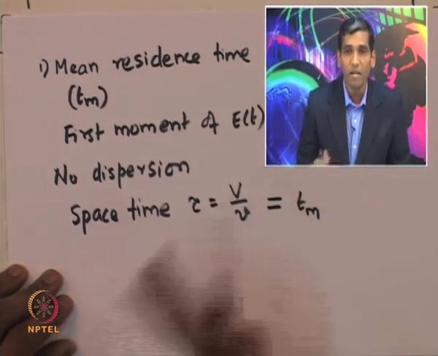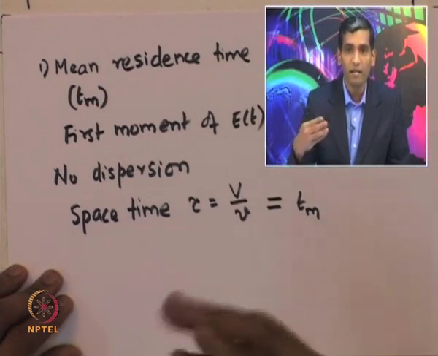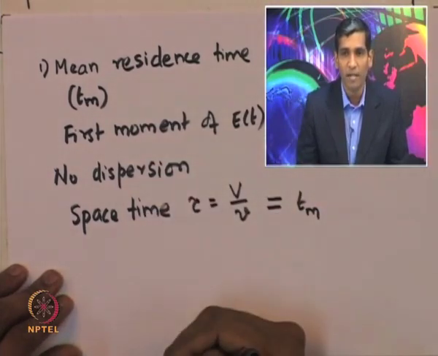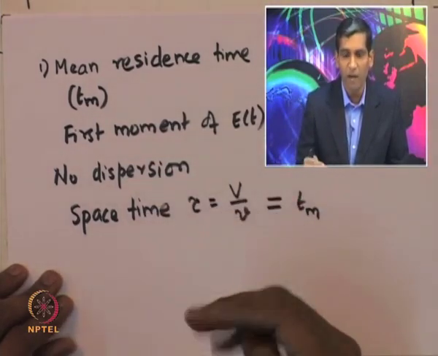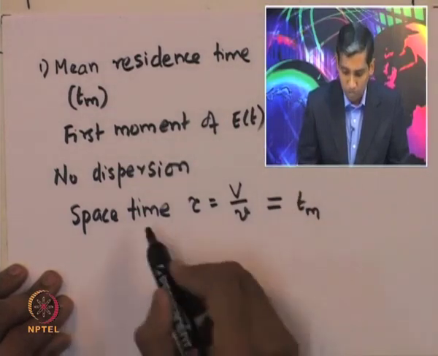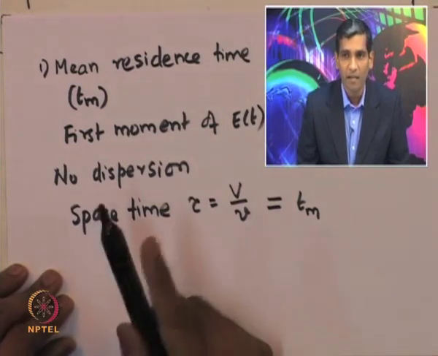This is independent of any RTD function representing the non-ideal behavior of the reactor under no dispersion conditions. Irrespective of the RTD function, the mean residence time that we obtain would be exactly equal to the space time of the reactor itself.